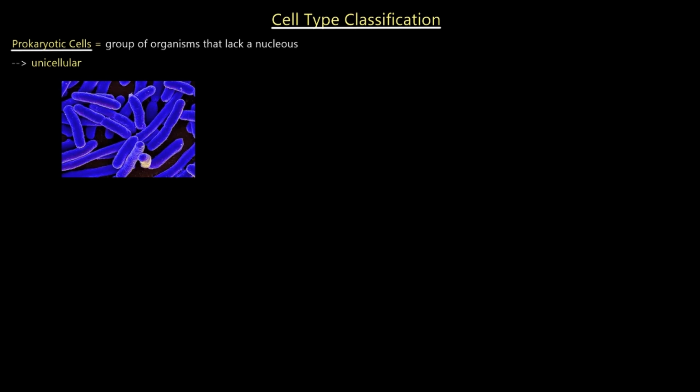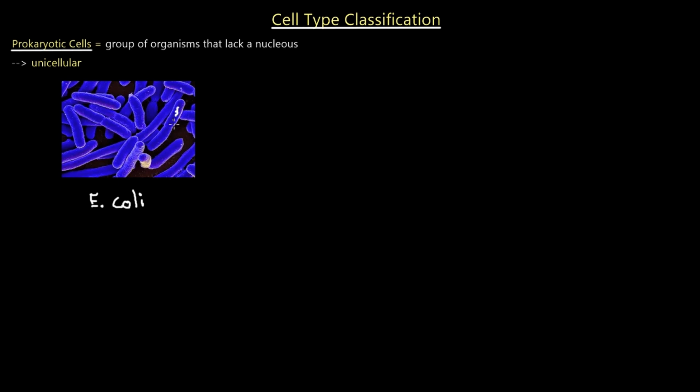The most typical example of a prokaryotic cell that we could show is a bacteria, and this is actually an E. coli bacteria under the light microscope. E. coli, I'm sure you're familiar with the name. As you can see, these bacteria exist as organisms in just one single cell, and these single cells do not have a nucleus.